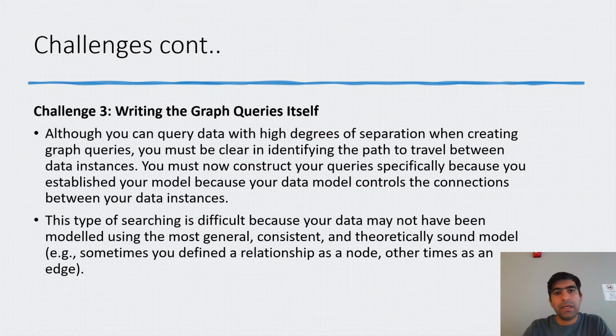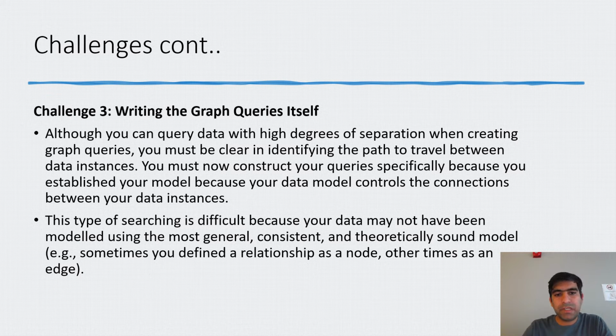Challenge 3. Writing the graph queries itself. Although you can query data with high degrees of separation, when creating graph queries you must be clear in identifying the path to travel between data instances. You must now construct your queries specifically because you established your model, because your data model controls the connections between your data instances.